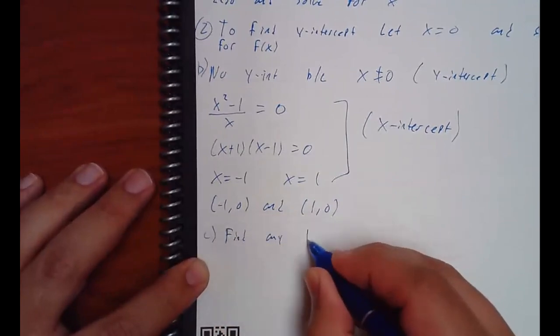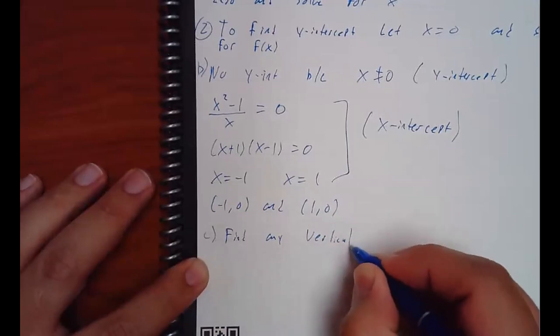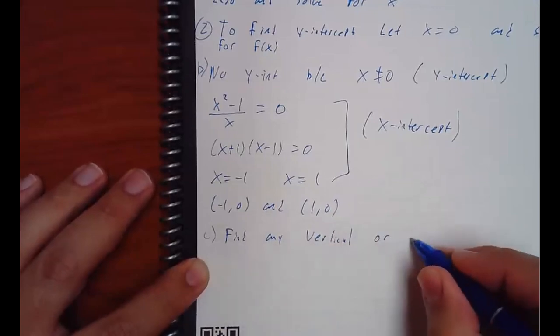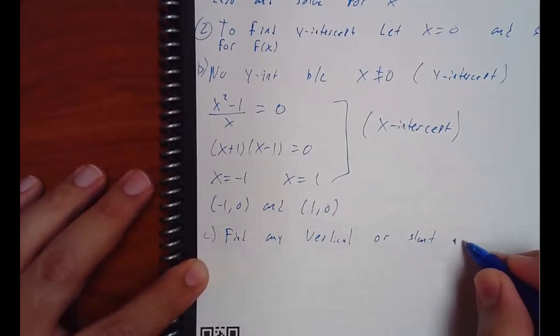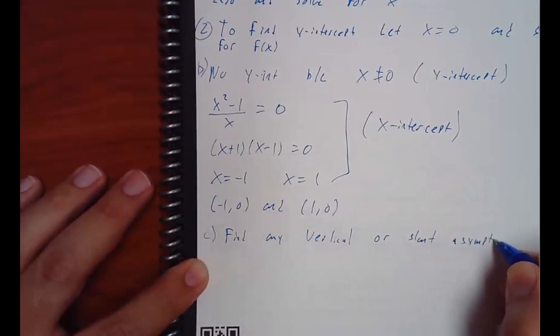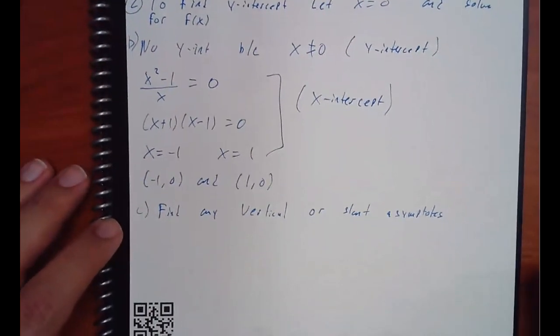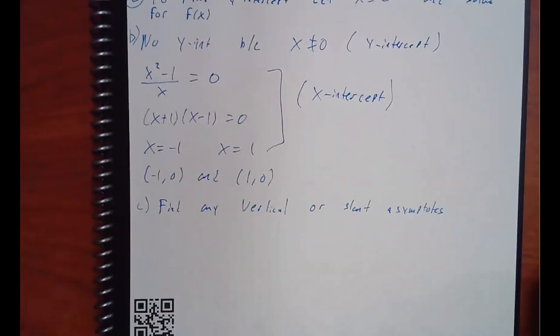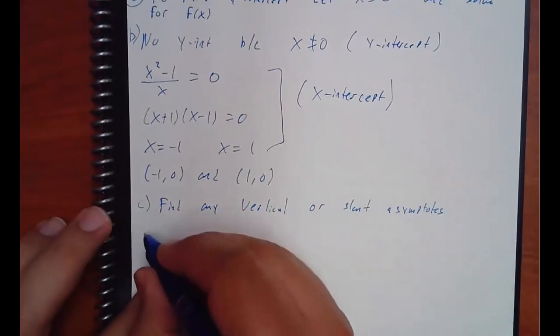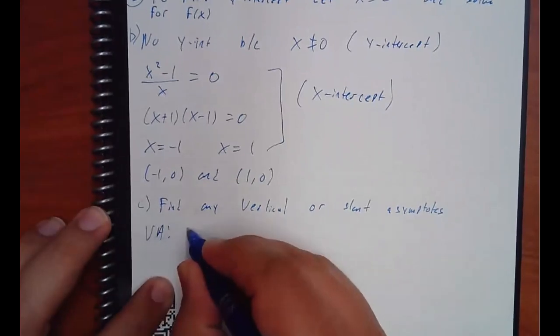Find any vertical or oblique. They use the word slant, which is the same thing. You agree that the vertical is simply x equal to 0.